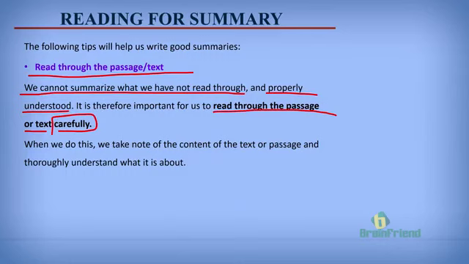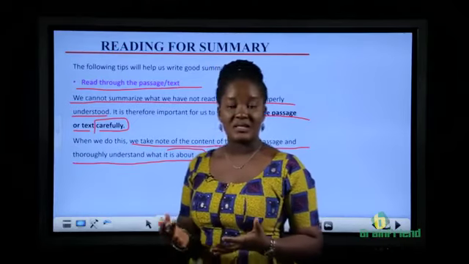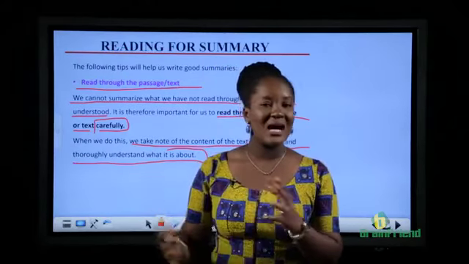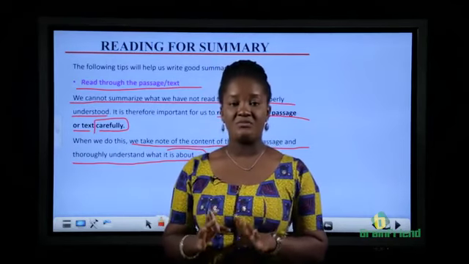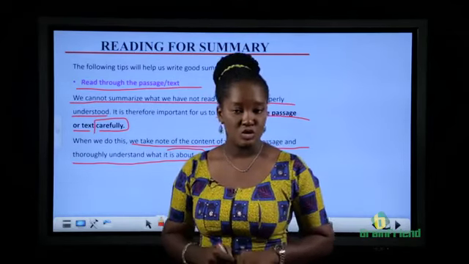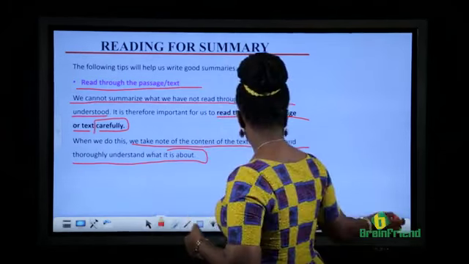When we do this, we take note of the content of the text or passage and thoroughly understand what it is about. And you know that when we understand what the text is about, summarizing it or drawing a summary from it becomes something very easy to do. So first and foremost, we read through the passage carefully.